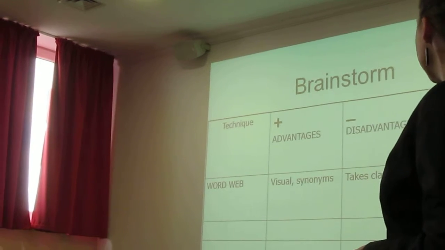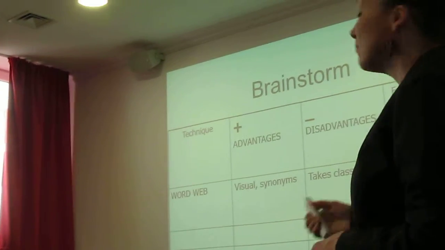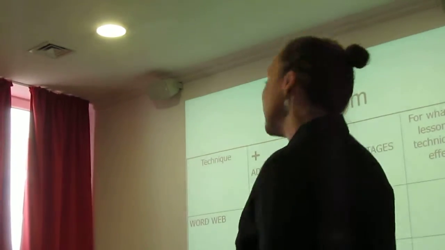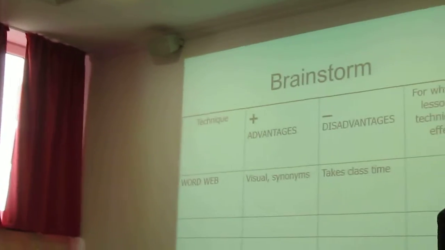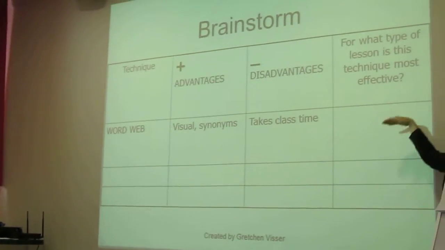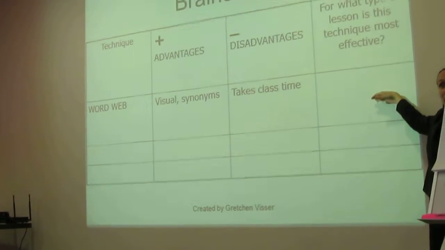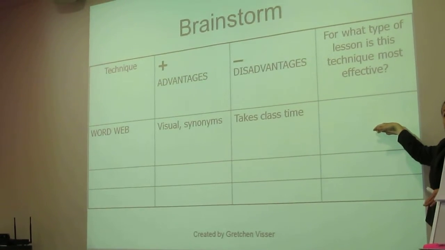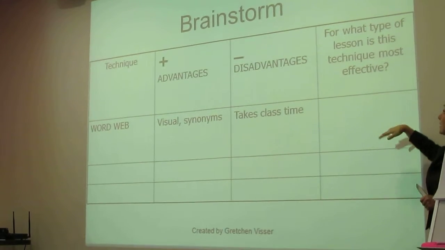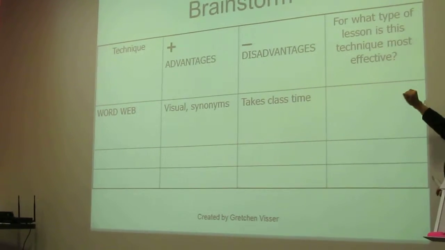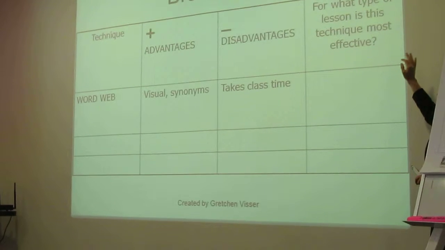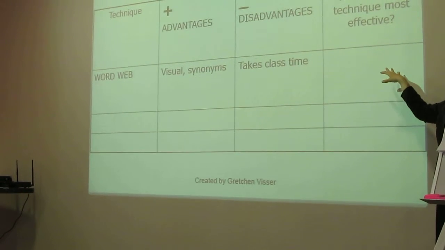And then for what type of lesson is this technique most effective? So we talked about that a little. Well, we talked about when in the lesson, either as an assessment in terms of what they know at the beginning or as an opportunity to recycle, right? So this is asking a slightly different question. What type of lesson is the technique most effective?